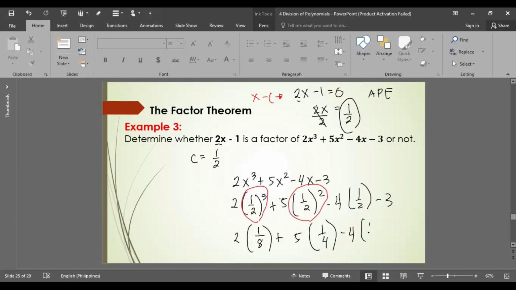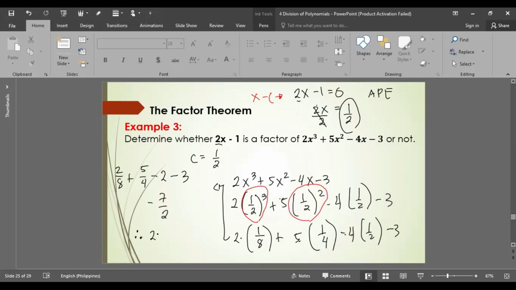Then we copy this first. 2 times 1/8 we get 2 over 8, plus 5 times 1/4 is 5 over 4. Negative 4 times 1/2 is negative 4 over 2, or it's negative 2. Then copy minus 3. Just make use of your scientific calculator to simplify this. It's negative 7 over 2.